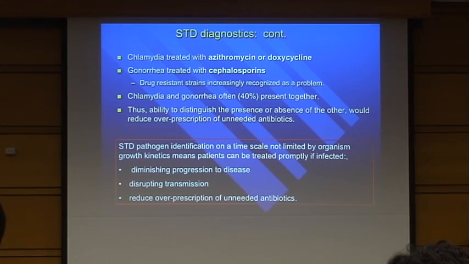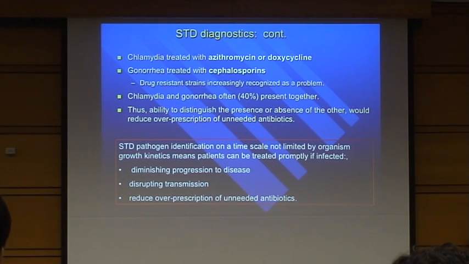Okay, so again, one could potentially have an impact here with the kind of methodology that we're trying to exploit. Chlamydia is treated with one type of antibiotic, gonorrhea with another, and they often co-present, 40% of the time. So someone shows up with a problem, and generally both drugs are prescribed, leading to this insidious problem of overprescription of antibiotics.